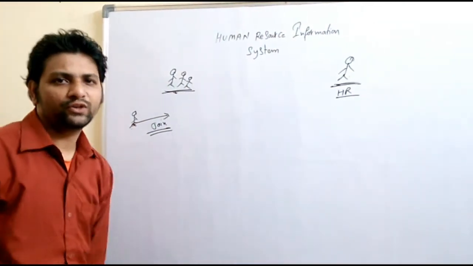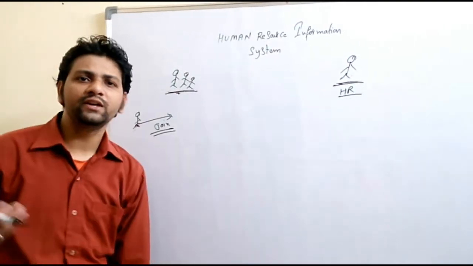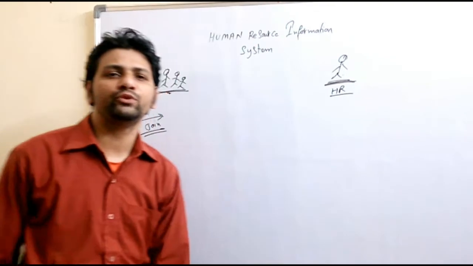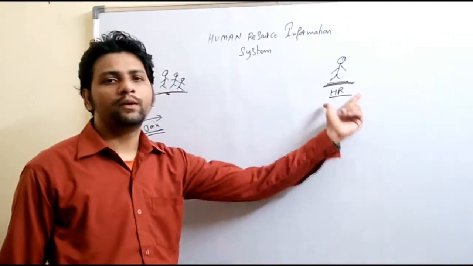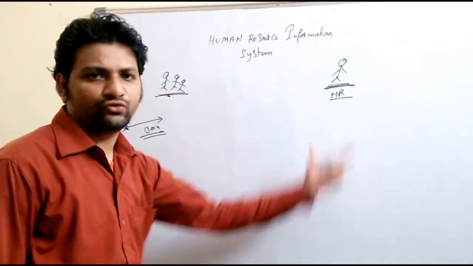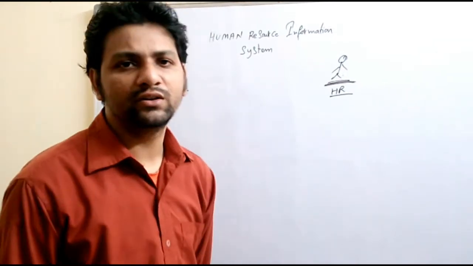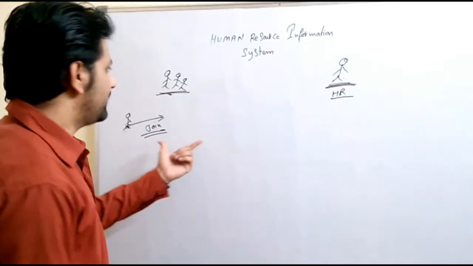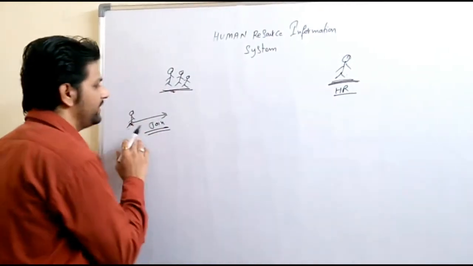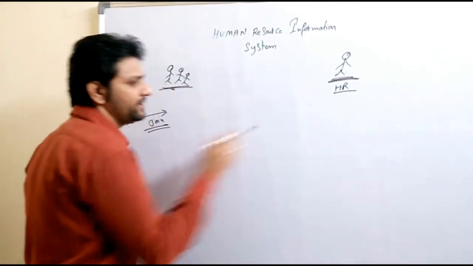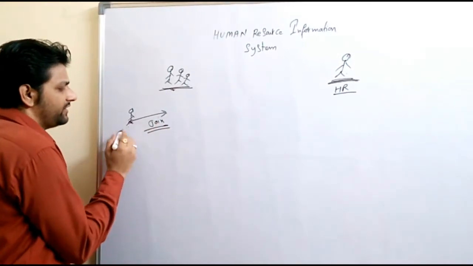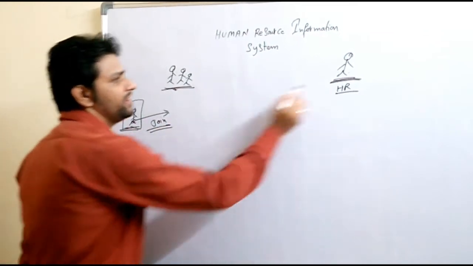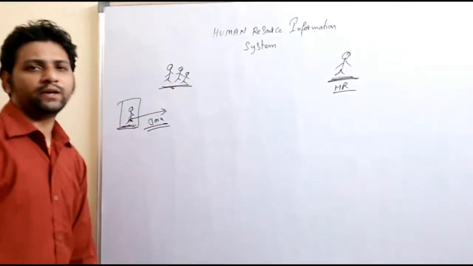Storing his details is the responsibility of the human resource manager, or HR, whether he or she. Whenever someone joins that particular company, his or her details are stored by this particular person.